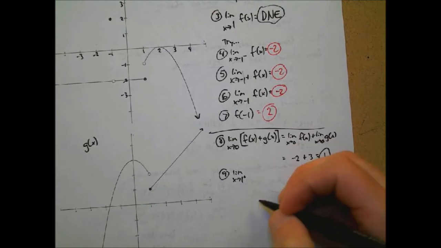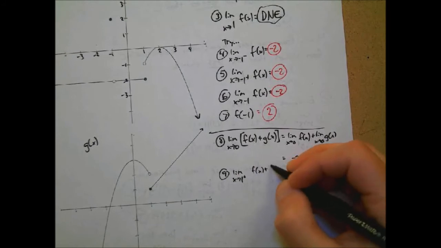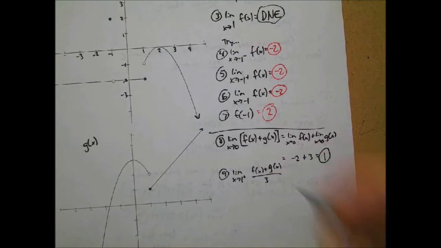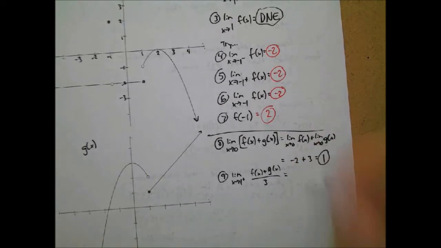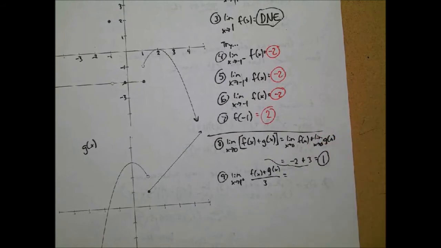Limit as x approaches 1 from the right of f of x plus g of x, all over 3. So yes, we're still talking about f plus g, but the limit has changed. We're no longer approaching 0, but now approaching 1 from the right. What's the limit as x approaches 1 from the right of f?